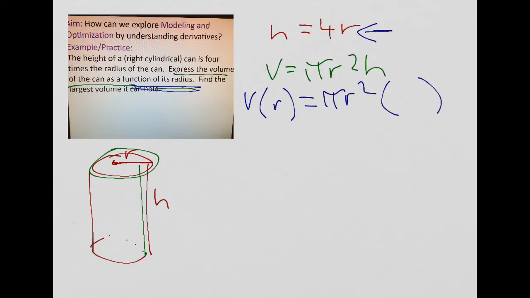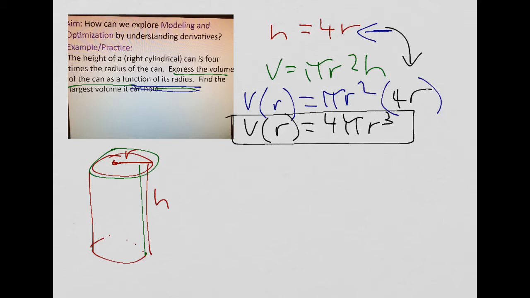We don't even need to do any work. Woohoo! Okay, don't have a big party. Let's just move on. So h is 4r, and so the volume as a function of radius is 4 pi r cubed. That answers one part of our problem, but don't forget to answer everything.